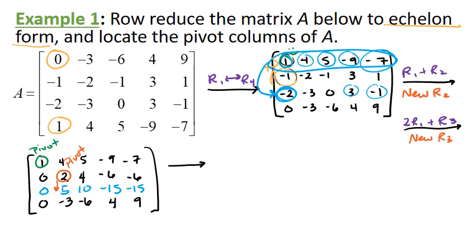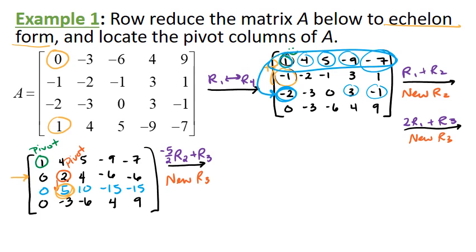If I want this 5 to become a 0, I'm going to use the row before it. I'm going to use row 2 and figure out what I need to multiply row 2 by so that when I add it to row 3, I get a 0. I'm going to take negative 5 halves times row 2, add it to row 3 to get my new row 3.